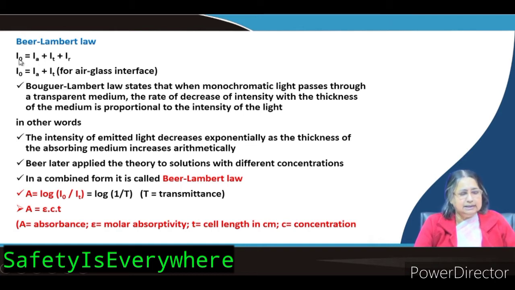If I0 is the initial intensity, then absorption, transmission and reflection can happen. But for a very good air-glass interface you can neglect reflection, because it is below 5%. So I0 is a combination of I absorption and I transmission.